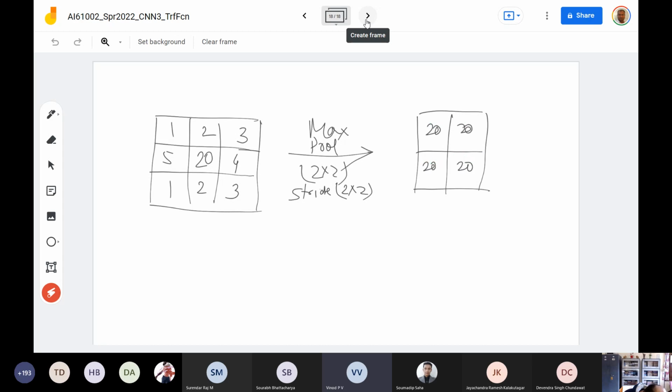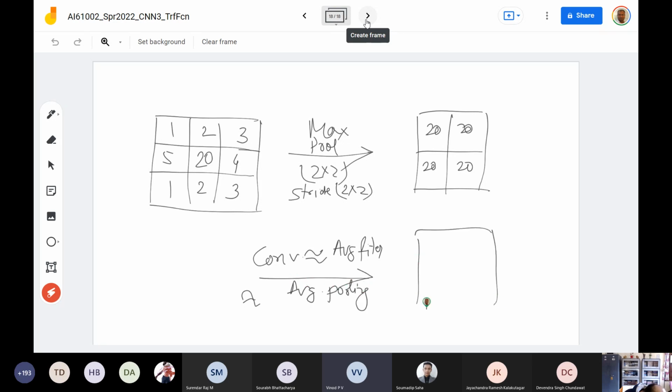Whereas if this was run through a convolution, which is approximately an average filter, and that can be approximated as an average pooling, you'd still get a 2 by 2. But the difference is that this 2 by 2 is going to have the average value.